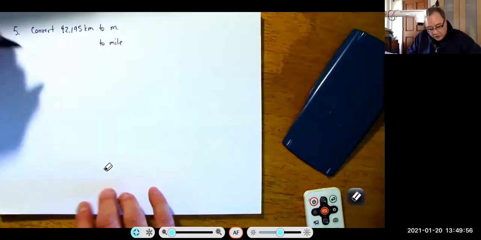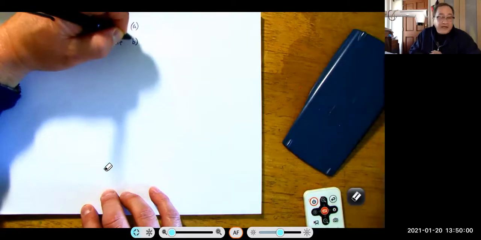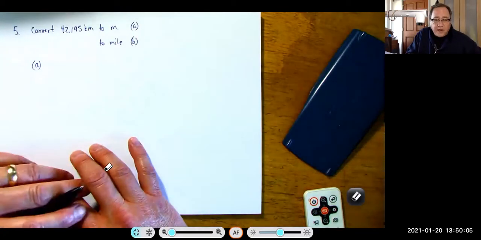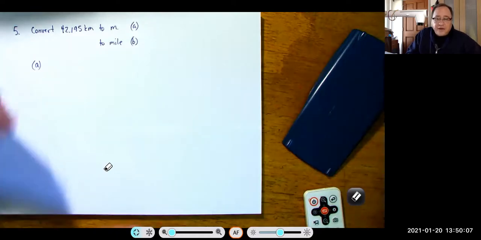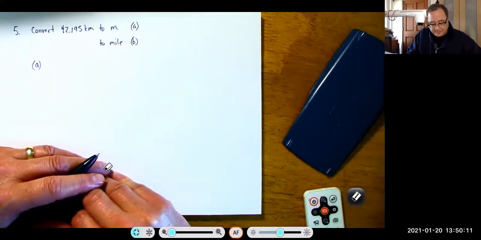Now I'm going to show you 2 ways to do A. Both ways are appropriate, but one way uses the conversion factor method. The other way uses the definition of kilometer.